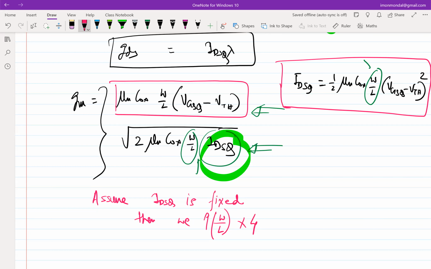So if I look at this equation, the VGS minus threshold voltage is a function of IDS. The situation has reversed because somehow I have made IDS fixed. So which equation to use depends on the context.